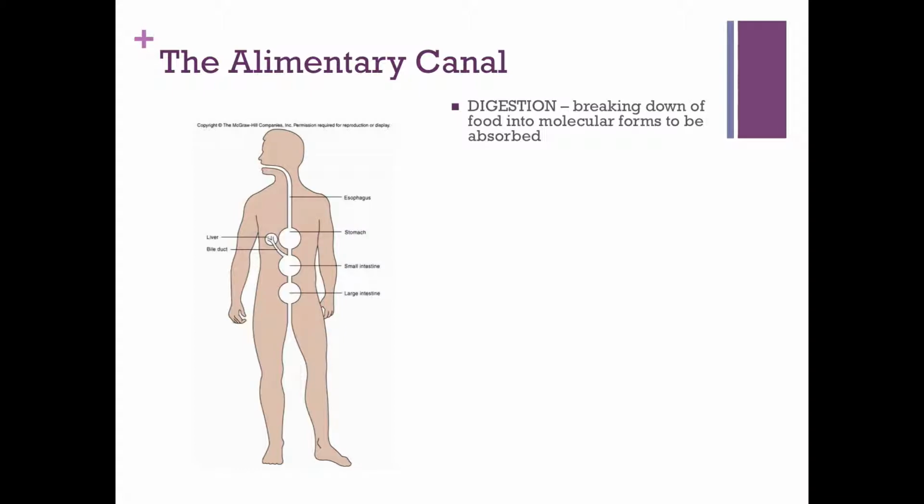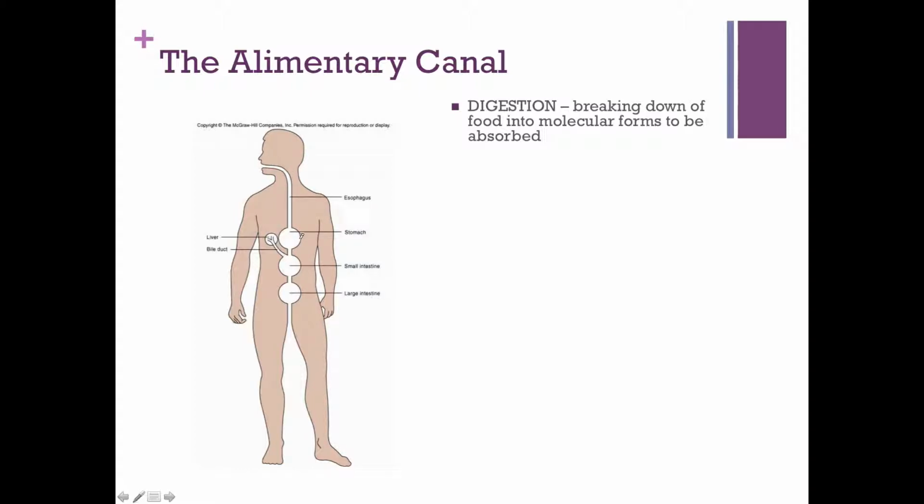But again, to start out, let's just talk about some basics of the anatomy and physiology. The alimentary canal is another term for the gastrointestinal tract, and what you see here on the slide are the main organs of digestion. We're going to start up in the mouth, which is important for chewing.